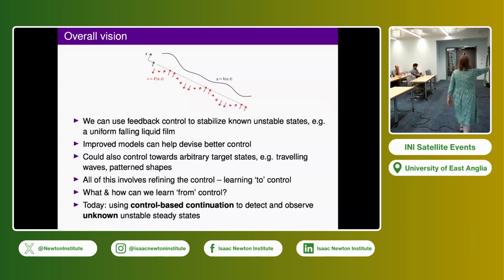Or in feedback control, I could pick some completely random other shape and say, I want it to look like the pyramids. But what I want to do instead is think about how, in an actual physical experiment, we could learn more using feedback control about the unstable steady states of the system, or the unstable travelling waves, or something else.